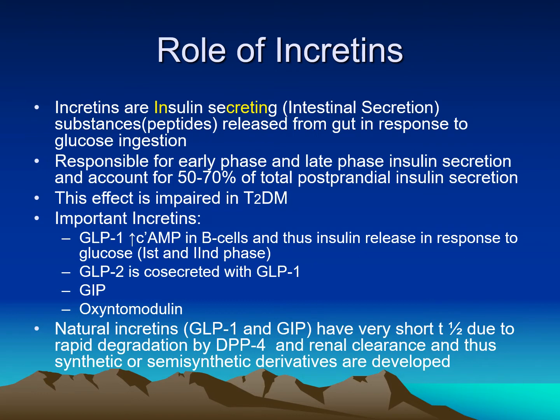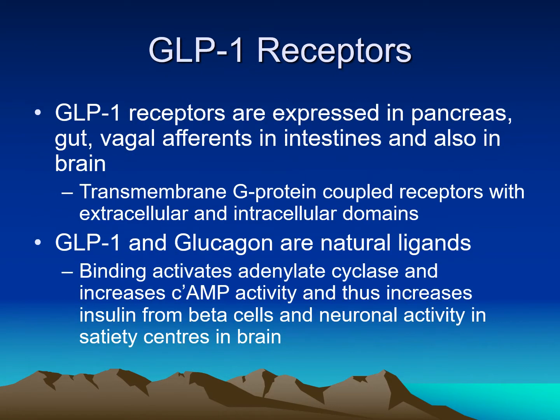Natural incretins, that is GLP-1 and GIP, have very short half-lives because of rapid hydrolysis by the enzyme DPP-4. Therefore, they cannot be used clinically. And therefore, synthetic or semi-synthetic structurally modified forms of GLP-1 were developed and they have become important therapy.